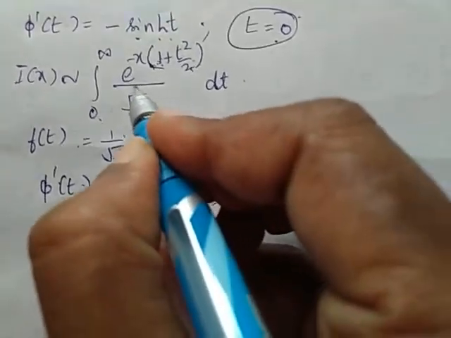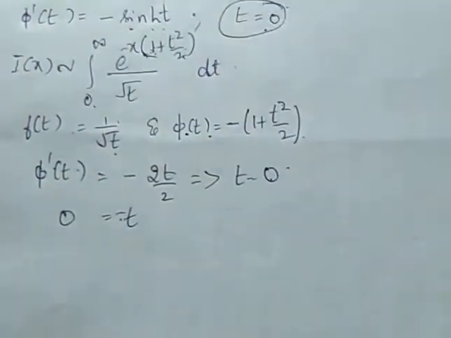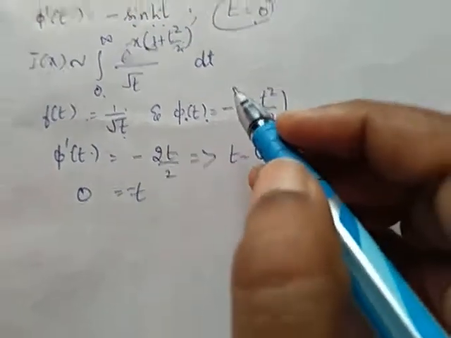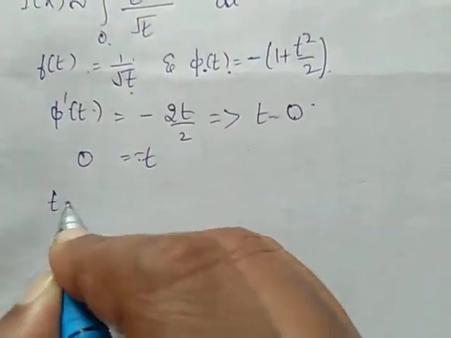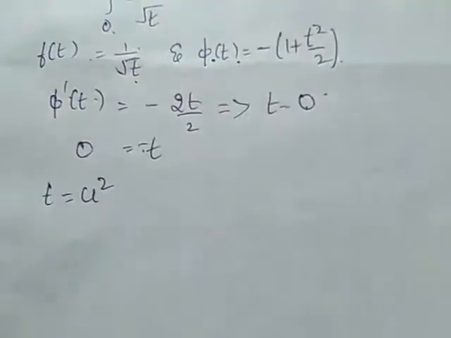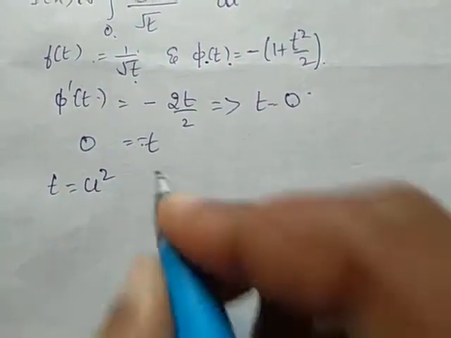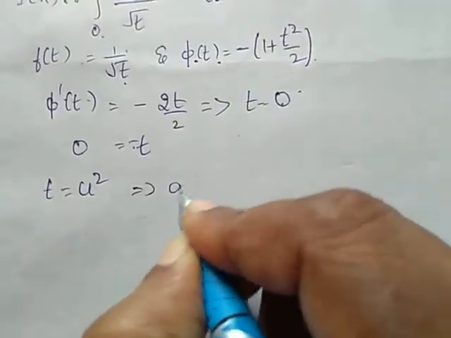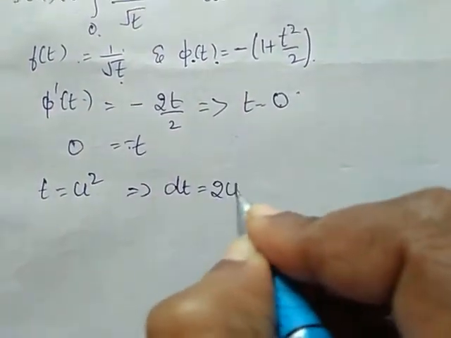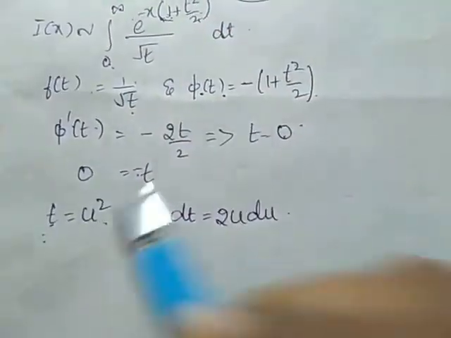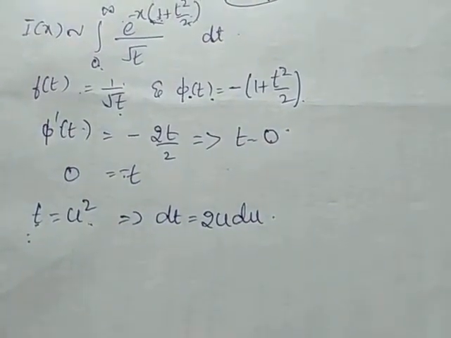So, to avoid infinity again, I am going to solve this using the substitution method. I have to remove this root t. To remove that root t, I am going to substitute t equal to u square, or root of t as u. So this implies dt is equal to 2u du. When t is 0, u is 0. When t is infinity, u is infinity. So substitute this value here.